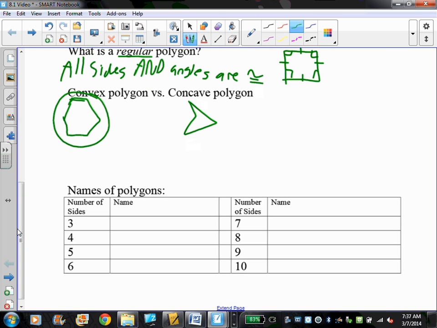Polygons have names based on their sides. For example, a 3-sided one is a triangle, which is pretty well known to you by now. A 4-sided polygon is a quadrilateral.